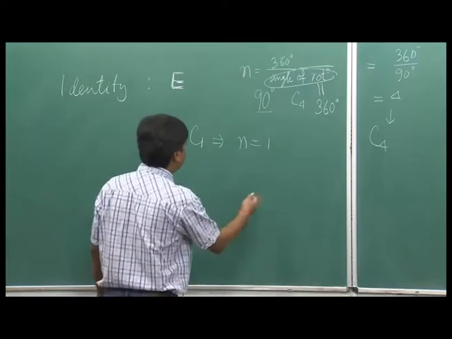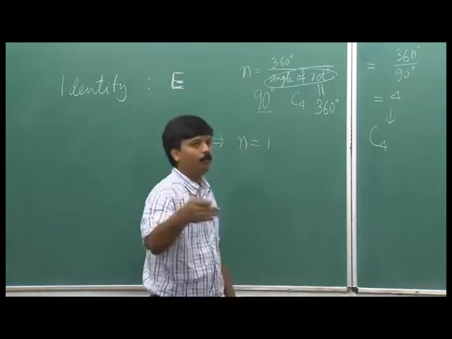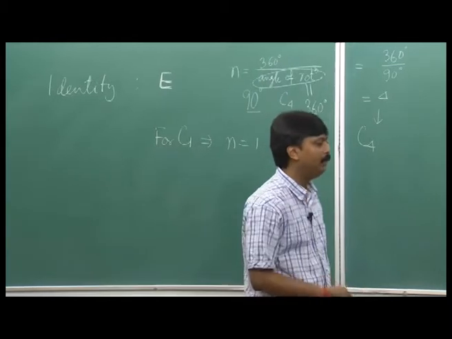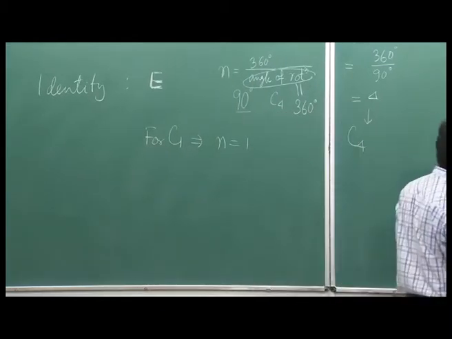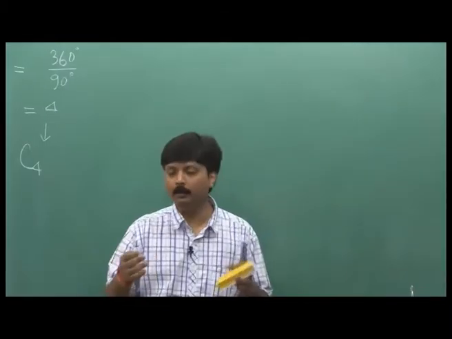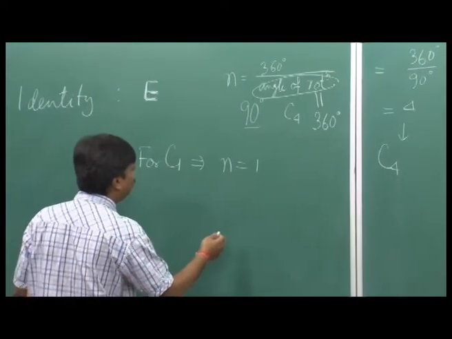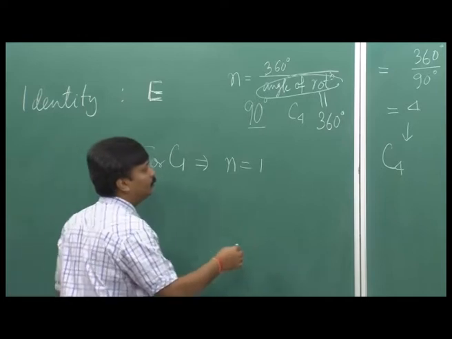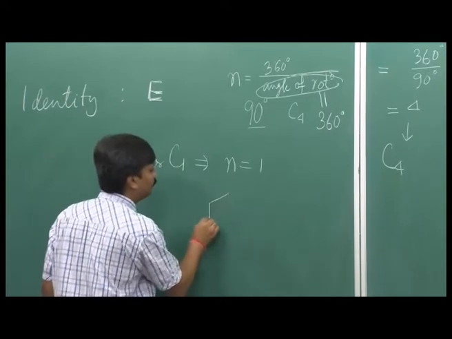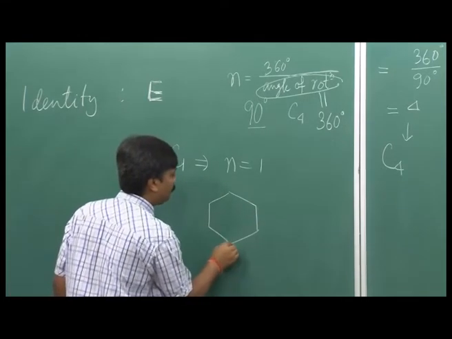Okay. So we have seen that n can be like 2, 3, 4, 5, 6, 7, 8 depending on the structure of the object or structure of the molecule in particular. So like for benzene I have C6, right. So the benzene structure is like this.